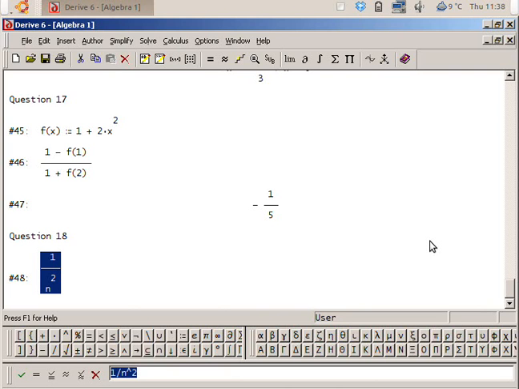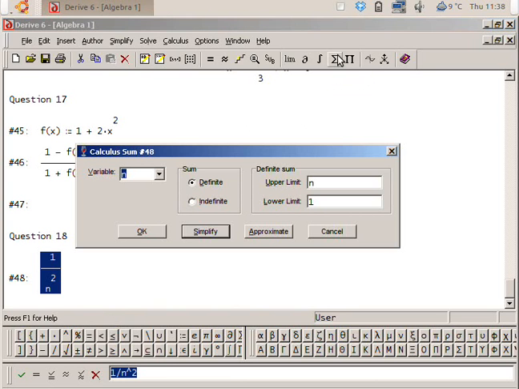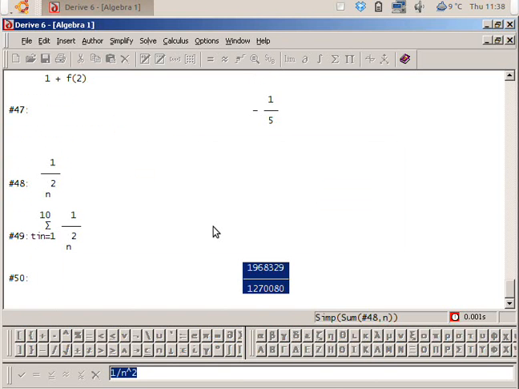That's 18, isn't it? Now, I want the sum from 1 to 10. So there's a nice big summation button here. So I make sure my 1 over n squared is highlighted, pick the summation button, and it's from 1 lower limit to 10 upper limit. Sound familiar? Yeah, just like in integration. And simplify. There you go.